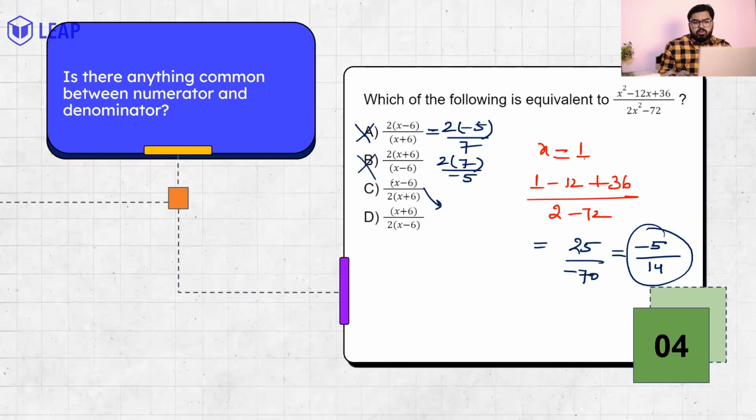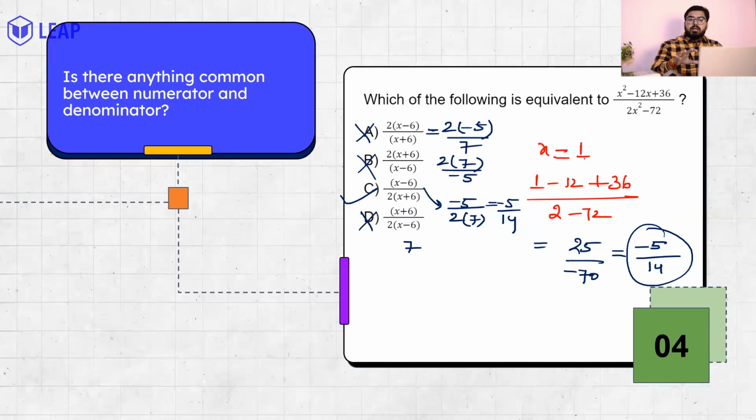Option C will give you 1 minus 6, so that's going to be minus 5 over 2 times 7, which is minus 5 over 14. Yes, that matches the target number. But when we do plugging in, we have to check all the options, right? Option D is going to be 1 plus 6, 7. And of course, this is also not going to match the target number. Okay, so the correct option is C.